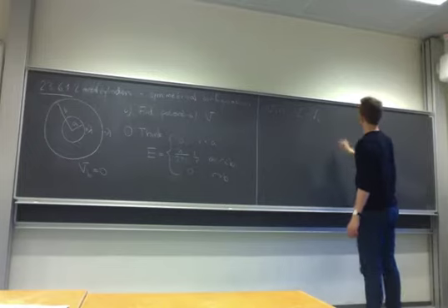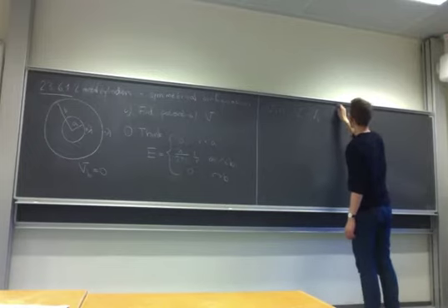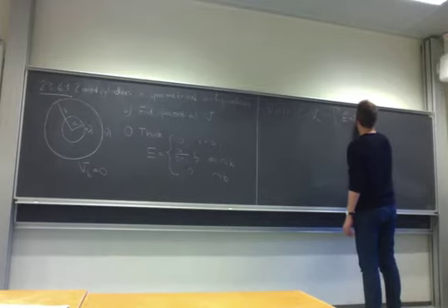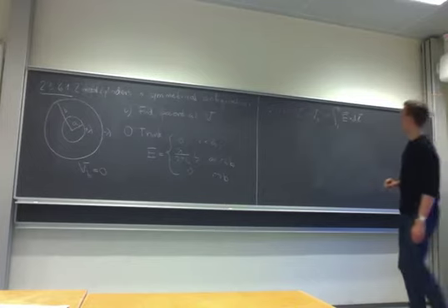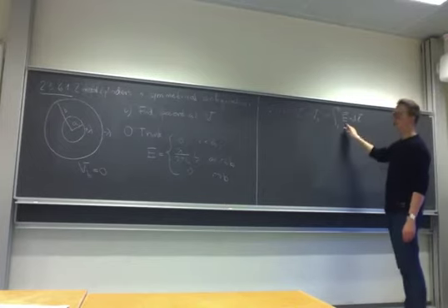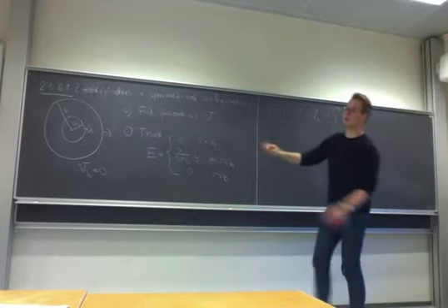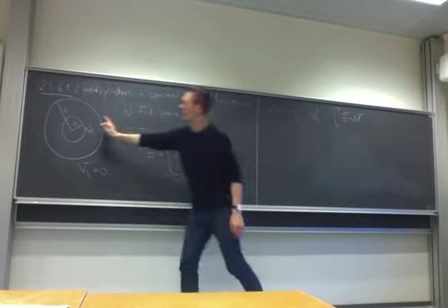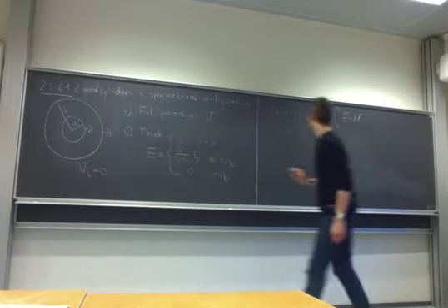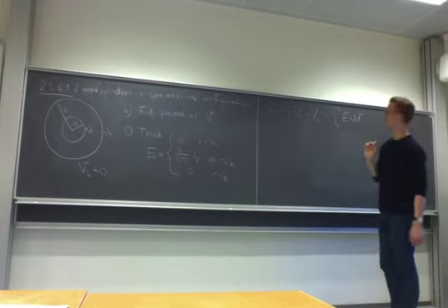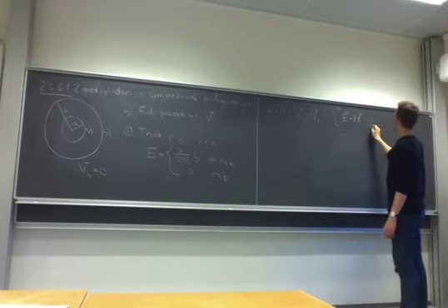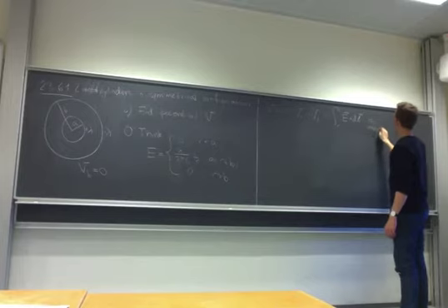And by definition, this is the line integral of the electric field between these two points. Now, we'll use that the electric field is radially outward of the cylinder and choose a path of integration that is also radially outward. So here we choose a radial integration path.